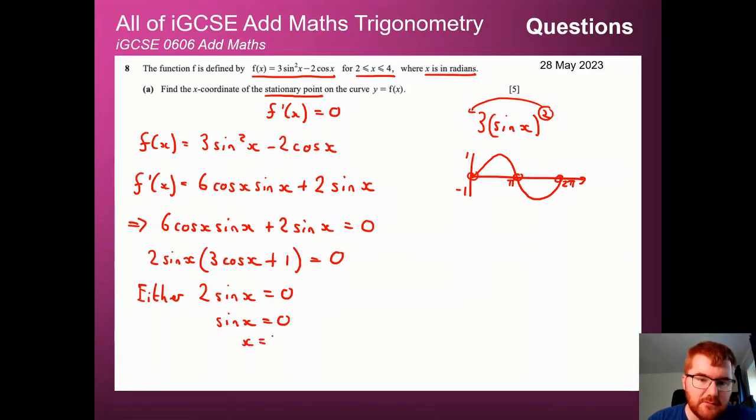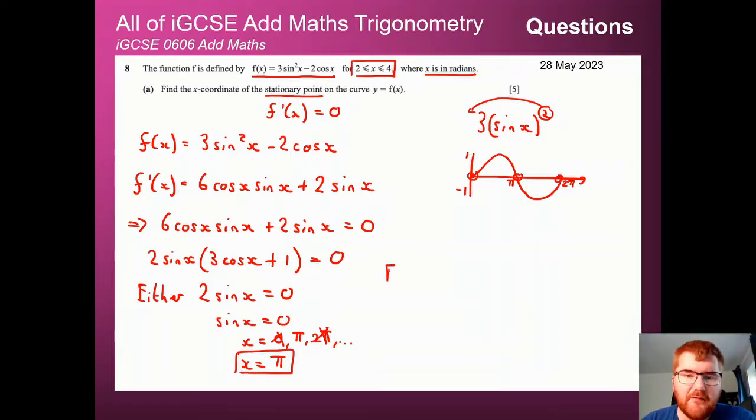So x is equal to 0, pi, 2 pi, and this continues. However, we need to pick the answer that's within our domain. So notice here 0 is not between 2 and 4. Pi is approximately equal to 3.14, so that is an answer. 2 pi, however, is about 6 point something, so that's too big. So the only answer from this domain here is x is equal to pi.